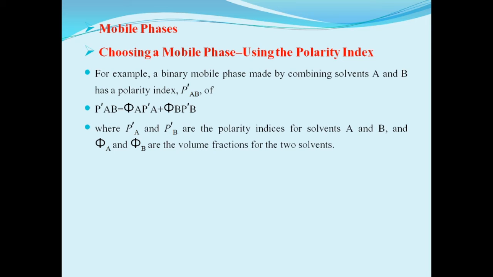Next, mobile phases. The elution order of solutes in HPLC is governed by polarity. For a normal phase separation, solutes of lower polarity spend proportionally less time in the polar stationary phase and are the first solutes to elute from the column.